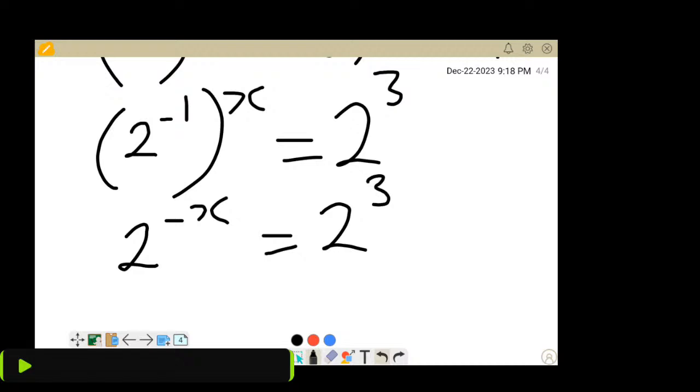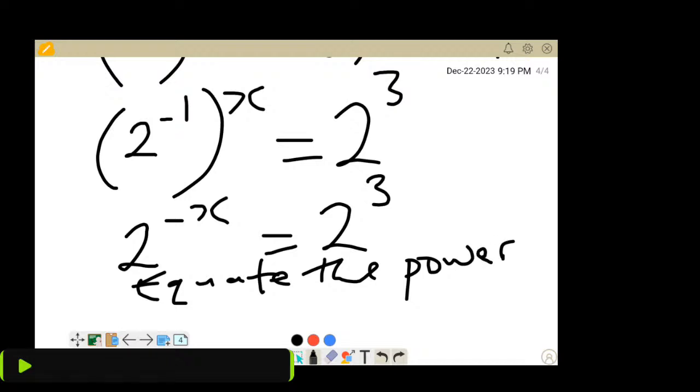As you can see, we have this and this, they are the same, so we can equate their power. Since 2 is carrying minus x as power here, and that same 2 is carrying 3 as power on the other side, we can equate the power.